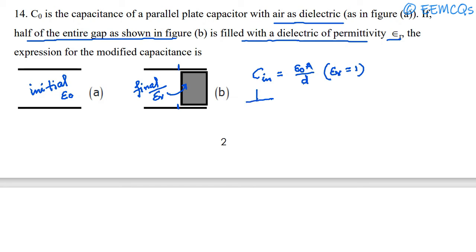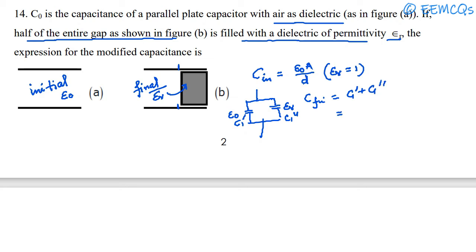Basically we can say two capacitors are connected in parallel, one with epsilon 0 dielectric, another with epsilon r. So here C final will be equal to, let us take this as C1 dashed and this is C1 double dashed, means C1 dashed plus C1 double dashed.